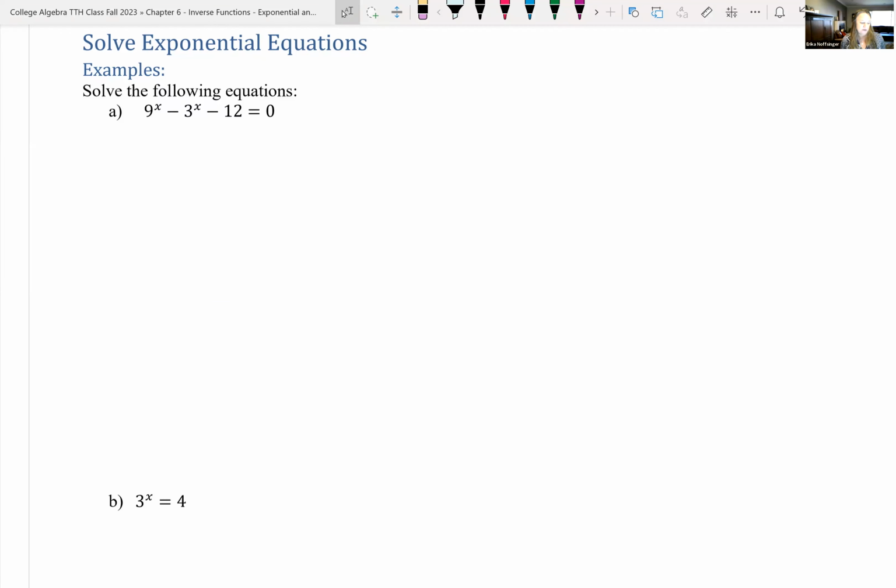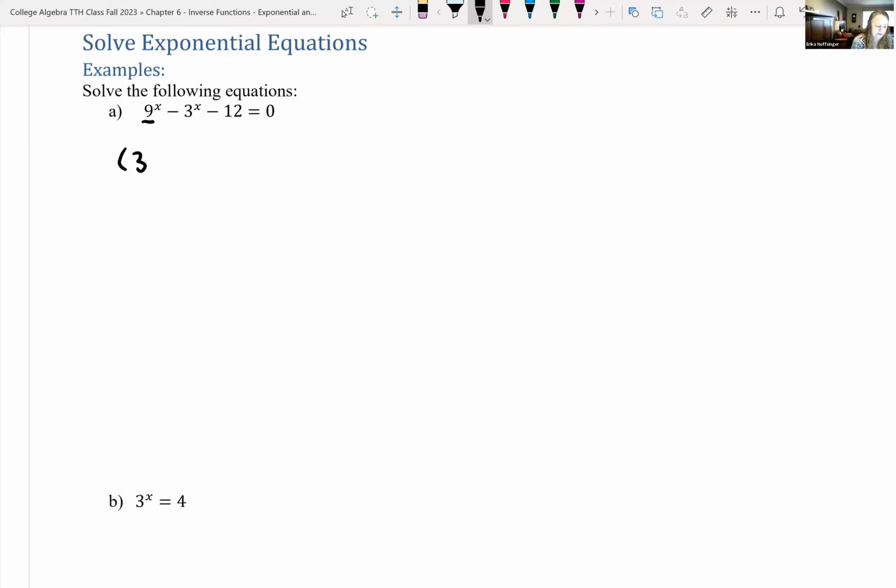So the next examples that we're going to look at are solving exponential equations. Looking at this first one, I have 9 raised to the x power minus 3 raised to the x power minus 12 is equal to 0. So notice this. I notice 9 is the same thing as 3 squared. Okay, so let's rewrite this 9 raised to the x power.